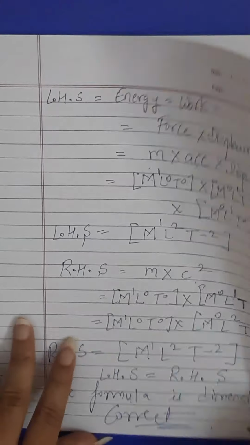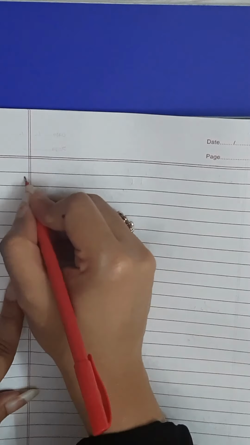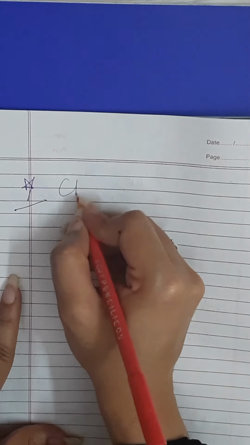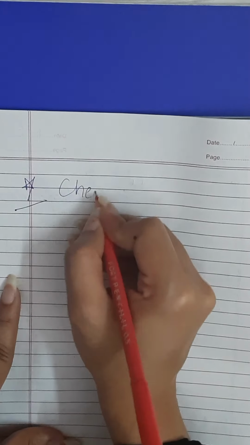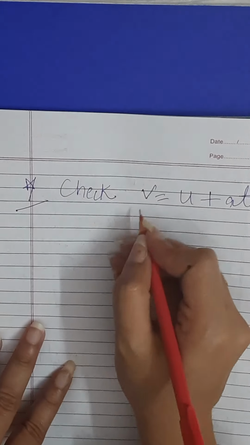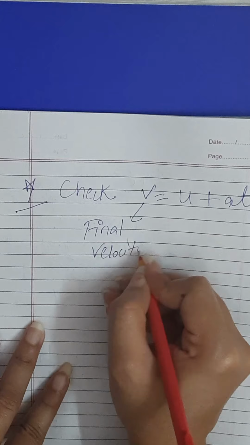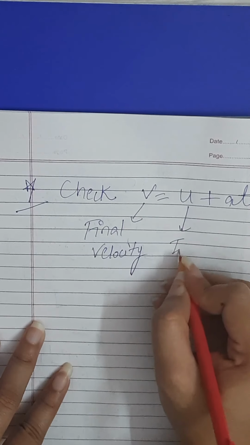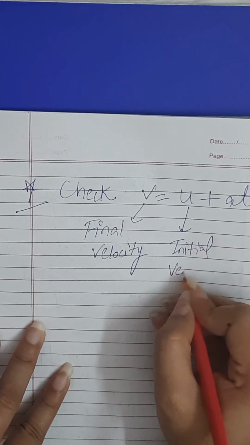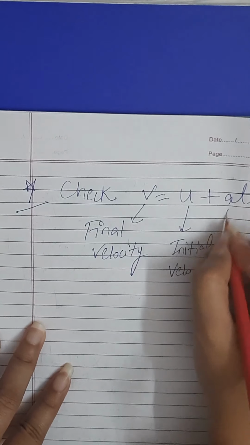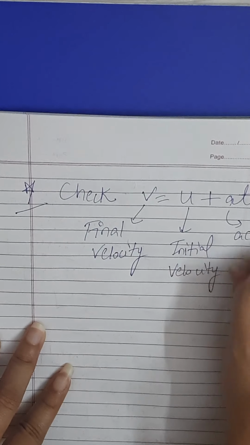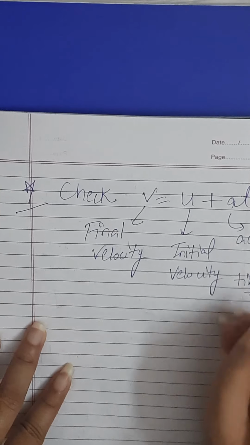Next, I'll be checking the first equation of motion for you as the second example. We all know that the first equation of motion is V equals U plus AT. Here V stands for final velocity, U stands for initial velocity, A is the acceleration, and T stands for time.